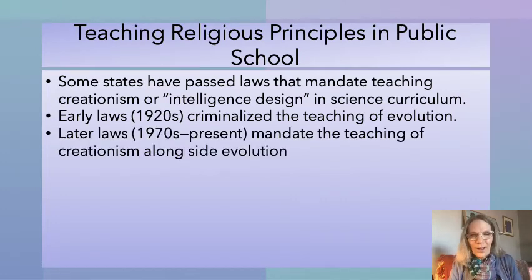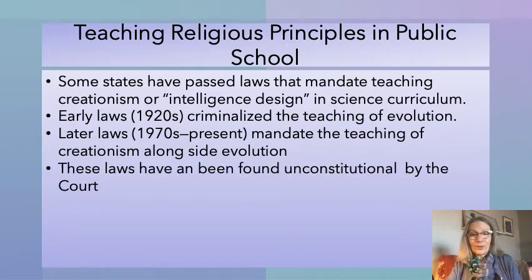But as we're going to see when we look at cases in a second, after the late 1960s, the Supreme Court says that criminalizing the teaching of evolution is unconstitutional. Then you see different approaches that states have taken. So later laws, from 1970 into the present, into the 21st century, mandate the teaching of creationism alongside evolution.